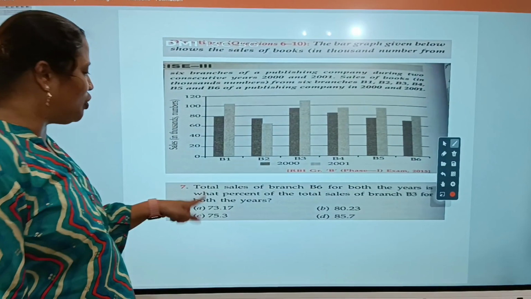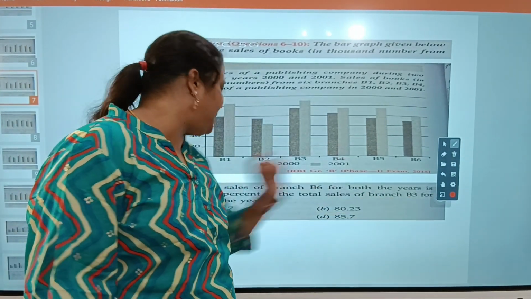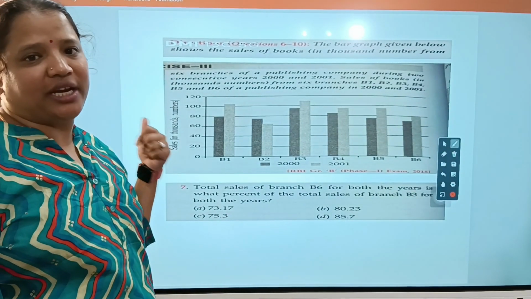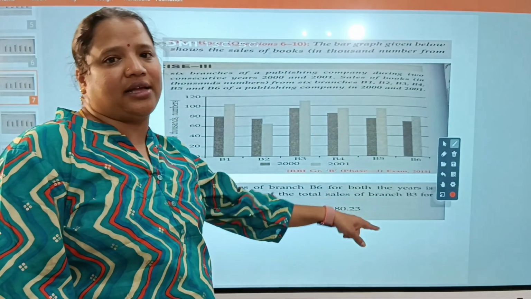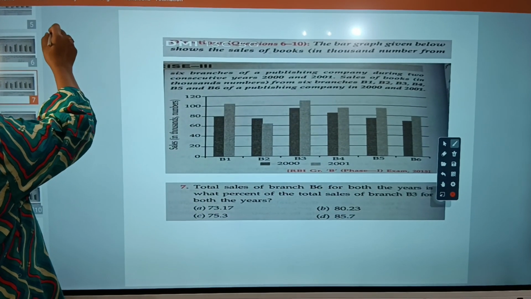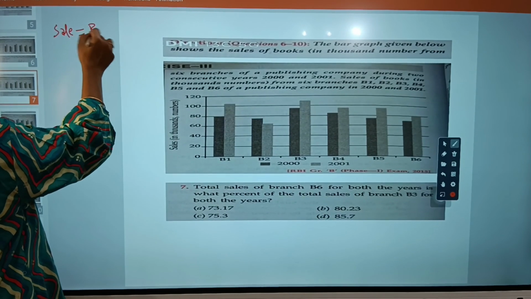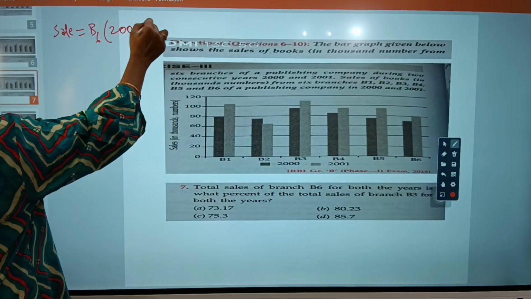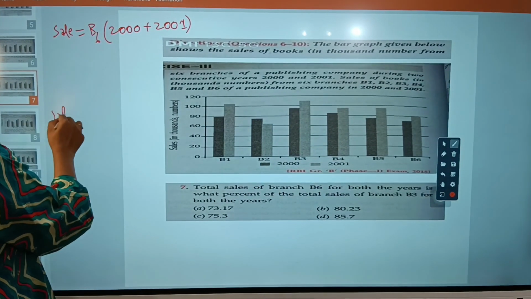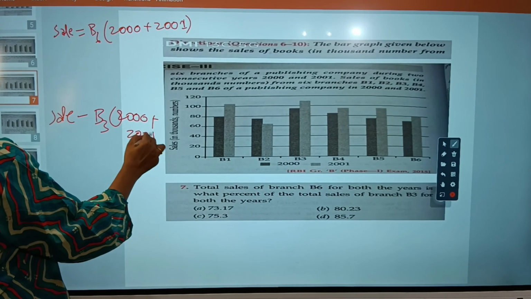The next question is, the total sale of branch B6 for both the years is what percent of total sales of branch B3 for both the years? This question is the same as the first one. In the first question the ratio is asked. In this question they are asking the percentage. So now we have to calculate the sale of B6 for year 2000 plus 2001, and sale of B3 for 2000 plus 2001.